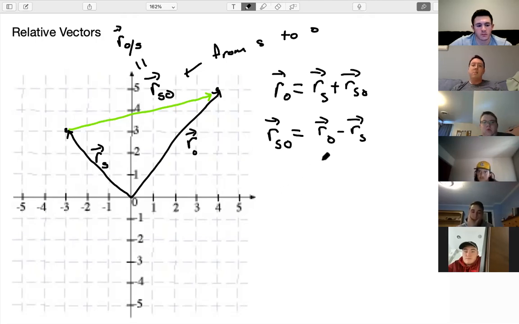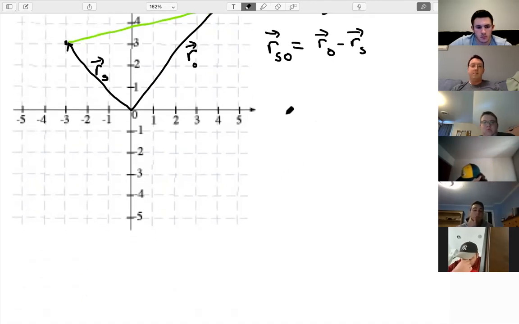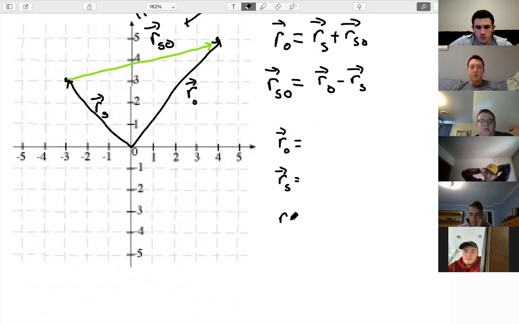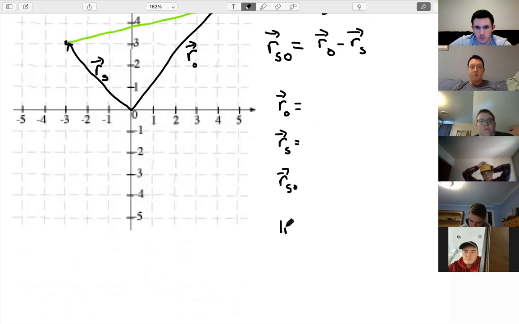Okay, so here's what I want you to do, and then we're going to be done. For the picture I've made right here, what is R_O? What is R_S? What is R_SO? What is the magnitude of R_SO?